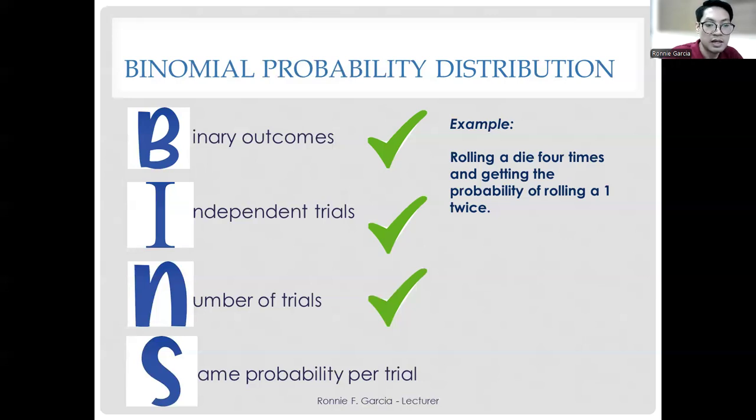So that is 1/6. So it is also satisfied. Therefore, rolling a die 4 times and getting the probability of getting a 1 twice is an example of a binomial probability distribution.